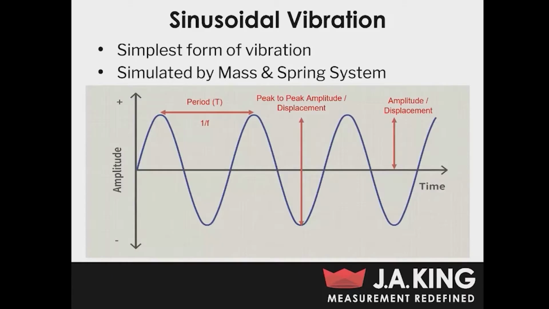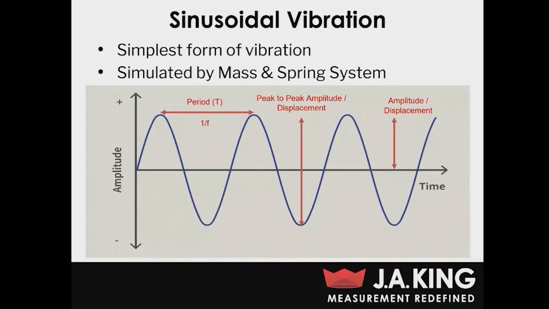This is the simplest form of vibration, and the easiest way to think of sine vibration is to consider a mass and spring system. This mass, as it's supported by the spring, is going to operate along a sine curve. And you see here that I've put in a figure of your basic sine curve and pointed out some of the key parameters. All the way on the right side, I've pointed out the displacement, which is essentially just the distance from the x-axis to the peak of that sine curve.